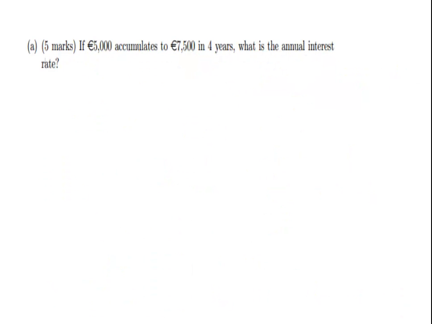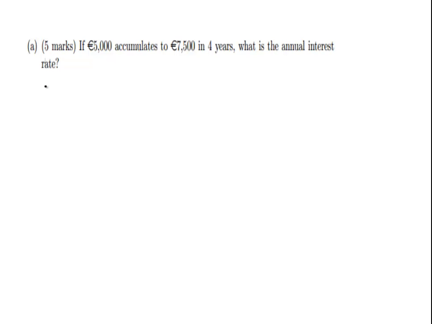The second question is, if 5,000 accumulates to 7,500 in 4 years, what is the annual interest rate? This isn't a continuous compounding question. We're just getting the effective annual interest rate. Again, we'll set it up as follows.